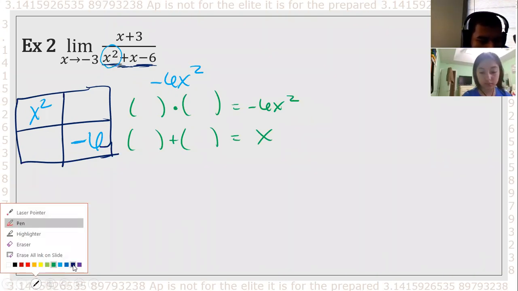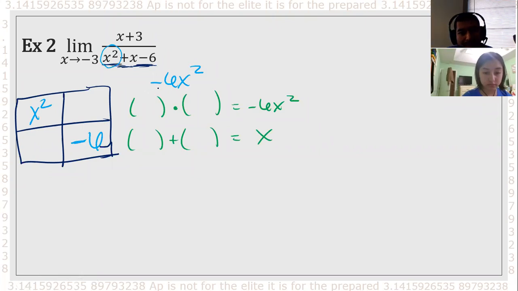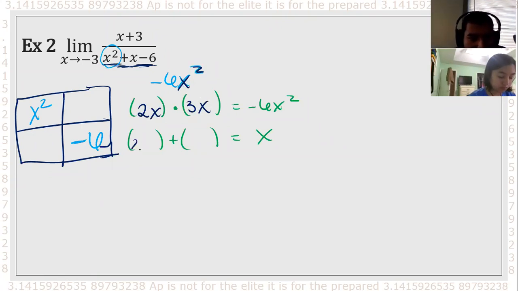Hopefully you're thinking of two numbers that multiply to -6. They are 2 and 3, but they also need to give you the x squared, so don't forget the x and the x. This works, but they need to add up to an x, so one of them has to be negative.